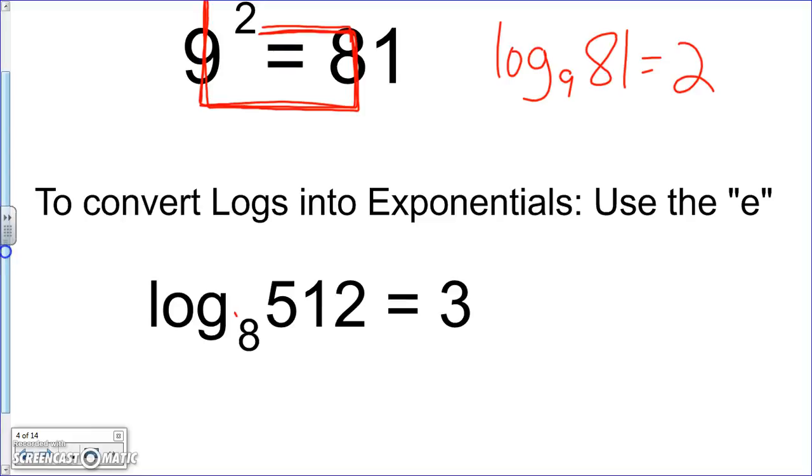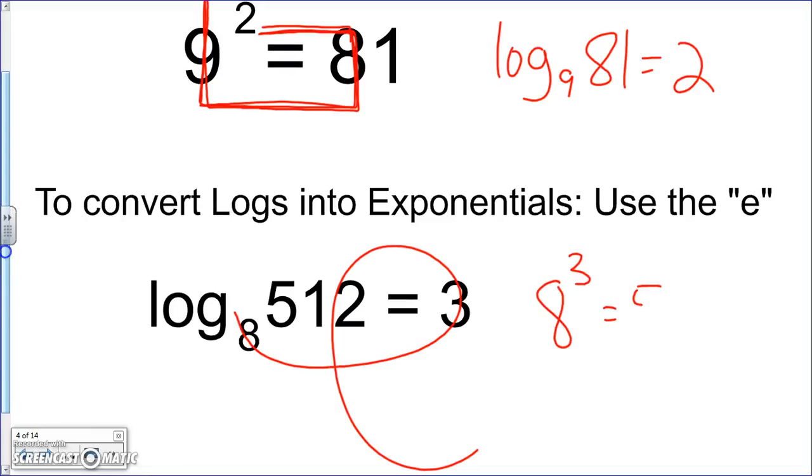So I'm going to start with my 8, raise it to the 3, and then it is equal to 512. So I just did the base of 8, exponent of 3 is equal to 512. I did that by creating a big lowercase e, right? Remember, your base is always first. Always, always, always. All right, so hopefully these are nice little tricks to help you out.